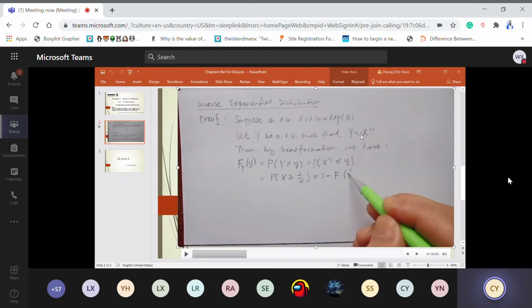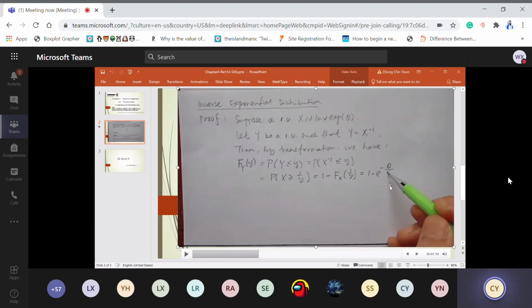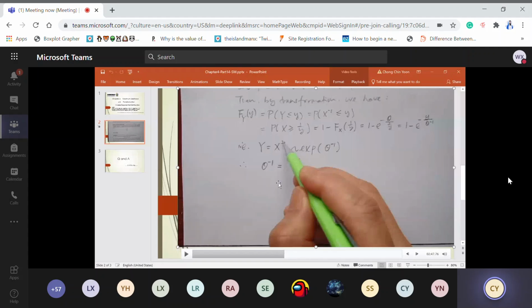Then you do transformation, and when you do transformation, you can get the connection. You can see I transform, and eventually it becomes exponential. Then I use the exponential to get the parameter of the inverse theta. This 1 over theta is actually a parameter of the exponential. You have to know that I'm doing exponential, not inverse exponential.